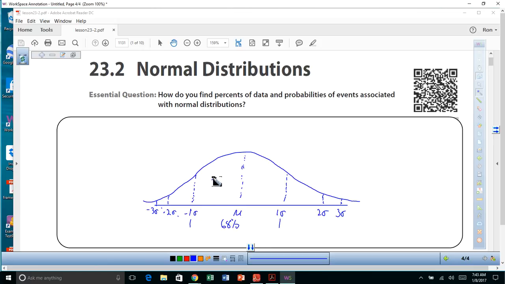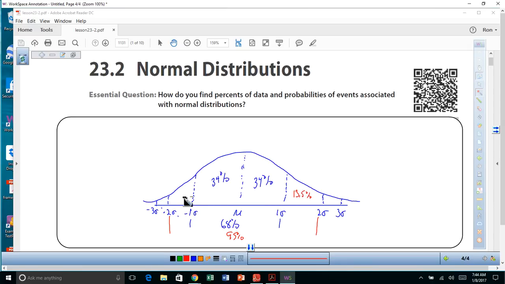Okay, so that means that's like 34%. That's like 34%. Okay, and then right here, from here to here is 95% of the data.